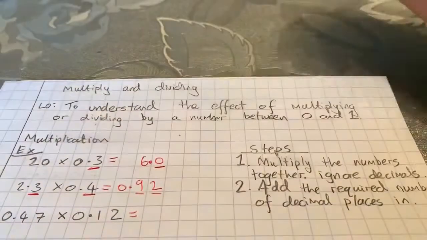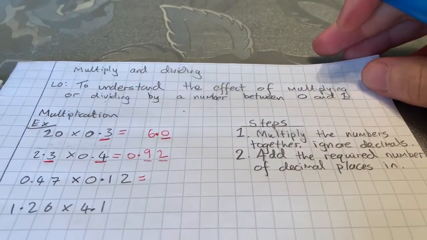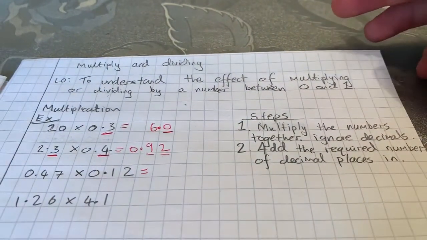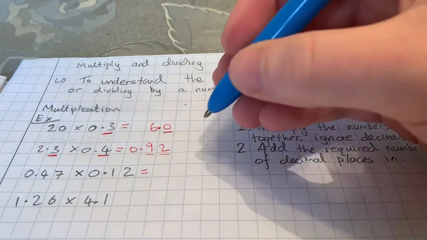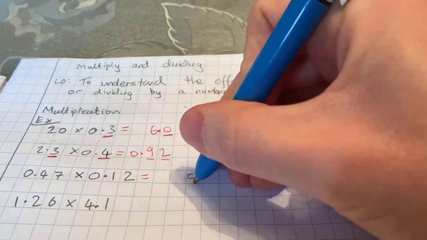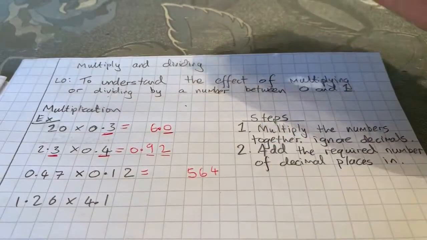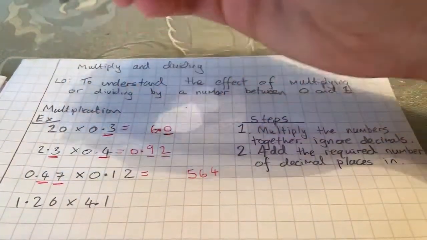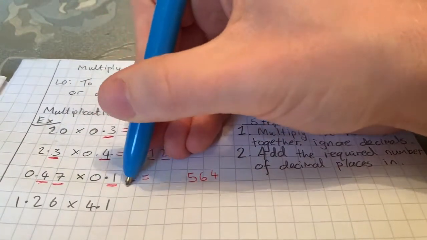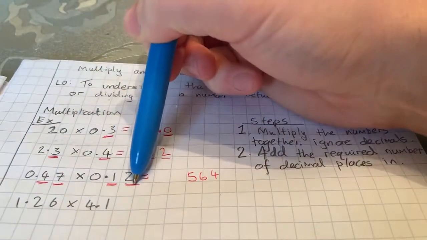Now, the third one here, 0.47 multiplied by 0.12. You take it as 47 multiplied by 12. I did this earlier on, so I've got the answer, 564. Counting those decimals again, there's 2 decimal places there and 2 decimal places there, so in total I have 4.